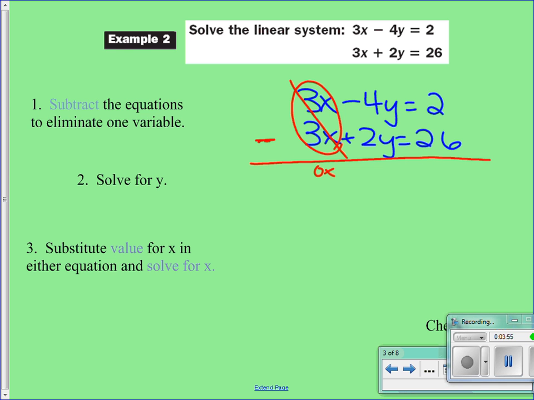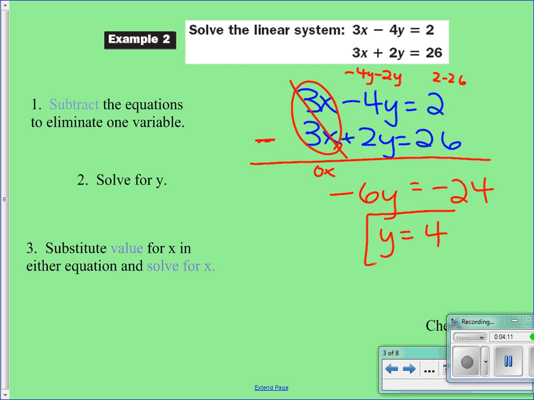But be very careful when you go to do your y's, because this is negative 4y minus 2y. That's actually negative 6y. And 2 minus 26 would give me negative 24. That means that y equals 4.